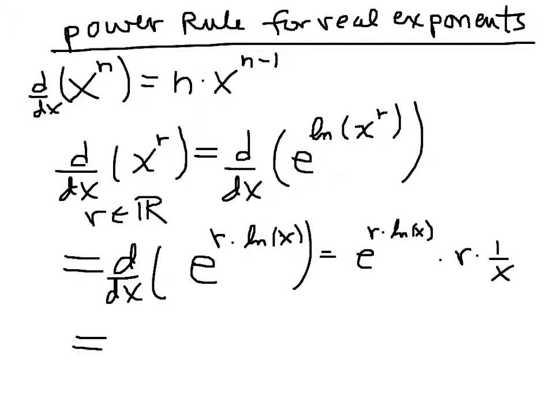So I'll rewrite this as r times, now remember again that this is just x to the r over x, and that's the same as r times x to the r minus 1.